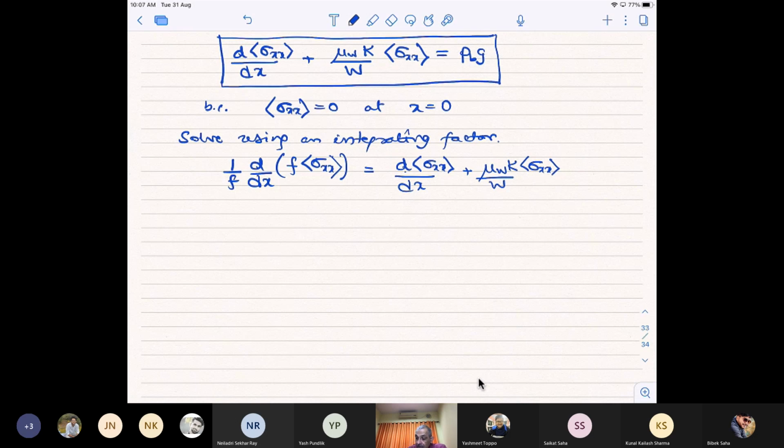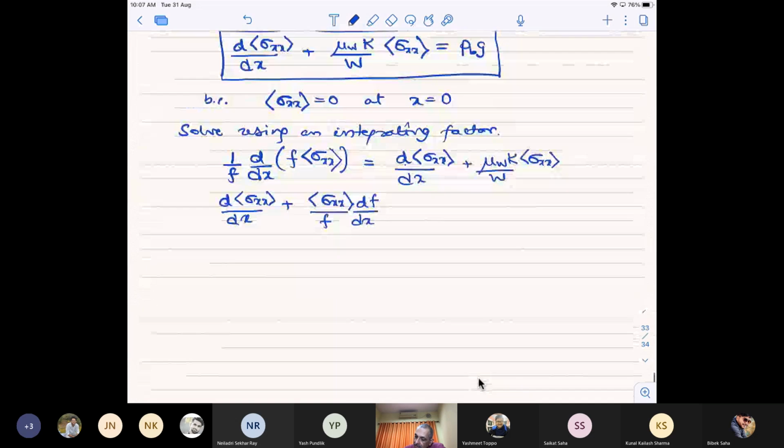If I open out the left hand side, the first derivative, I take f out, it cancels with the f at the bottom, and I get the first term, and the second term is nothing but sigma xx by f into df by dx.